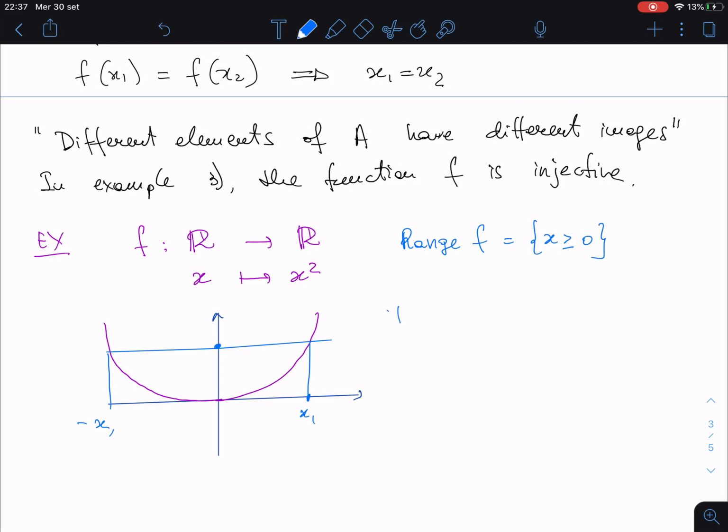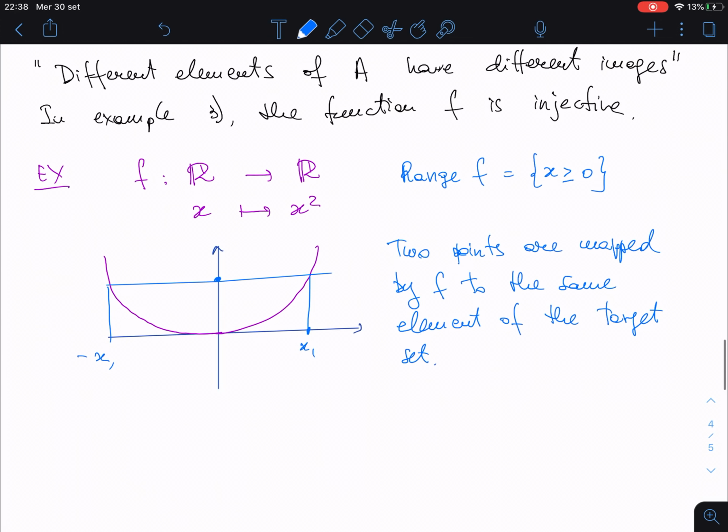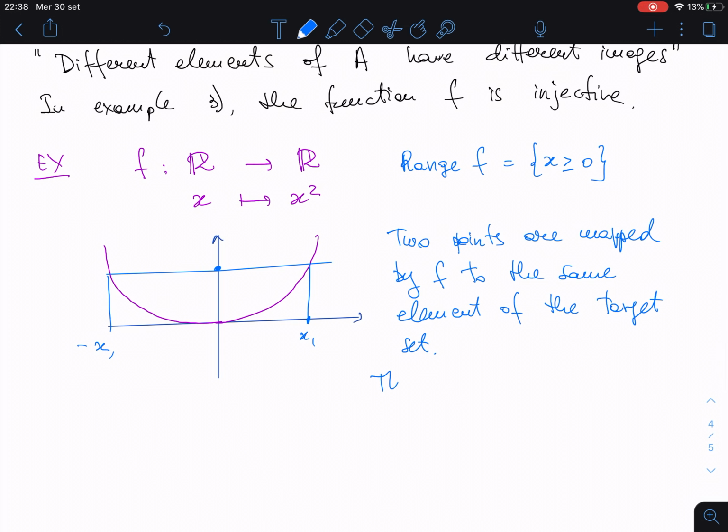So there are 2 points that are mapped by f to the same element of the target set. Then f is not injective. Okay, stop here this first part.